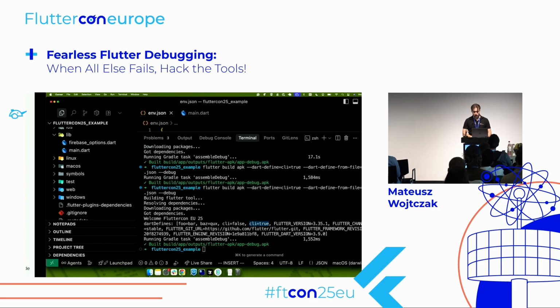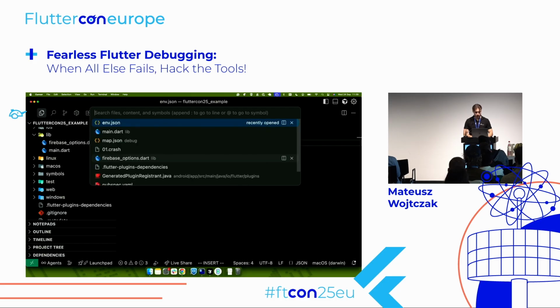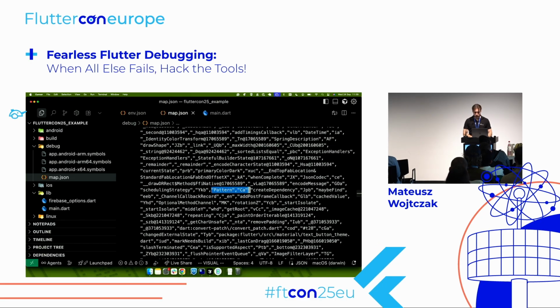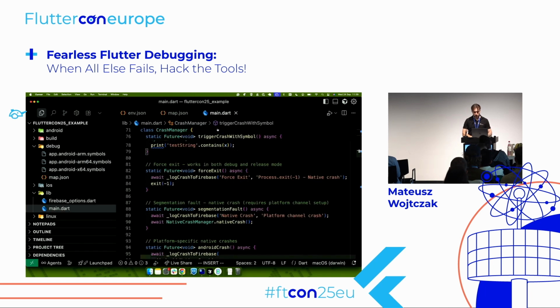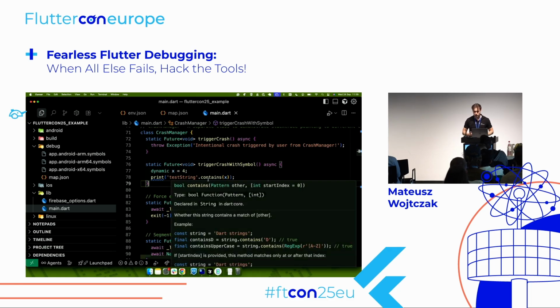So right now you can use this in your code. For example, with this CA, I also tried it. Here there's something like a CA, and it's actually Pattern. So it now makes sense that the type is Pattern, because this is the place I used to generate this crash. I just used a contains method on string, which takes a pattern, and used a dynamic, which is an integer.